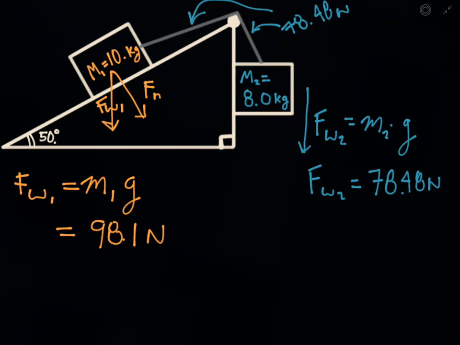So I can break my weight force, my gravity force, into two components that are perpendicular to each other. One of them is going to be the normal force, which is perpendicular to the surface. I'm just going to call the other one force D, which is going to be this down-the-hill sort of force.